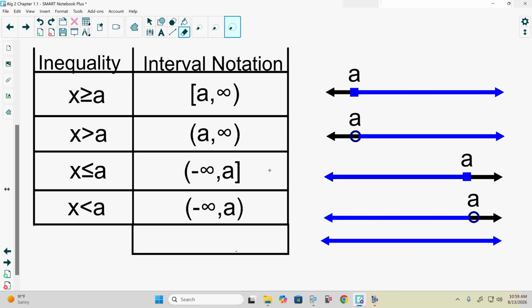Even negative infinity still has a parenthesis. Questions on any of this here?